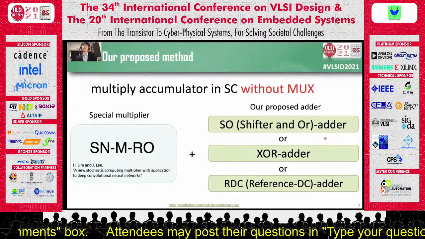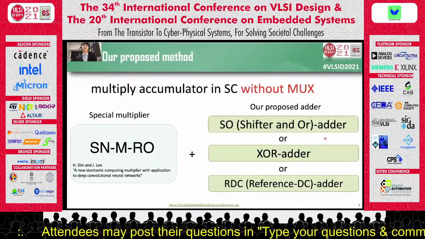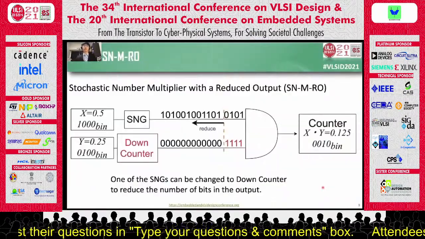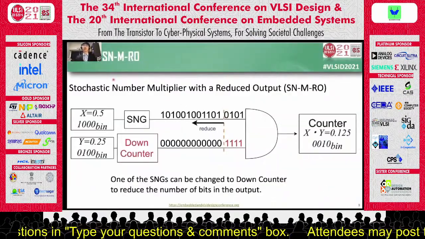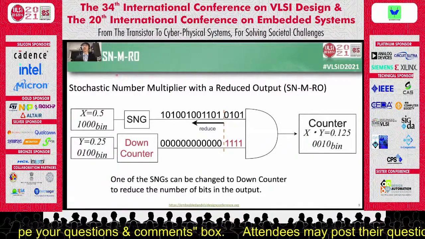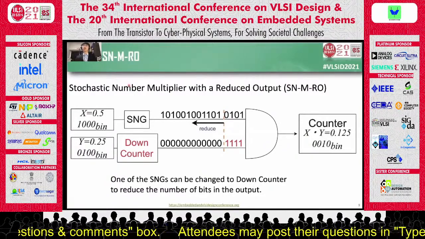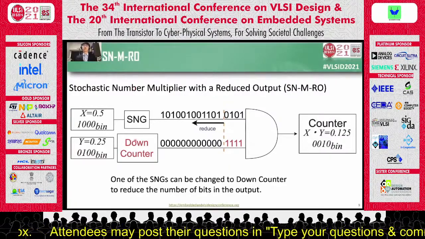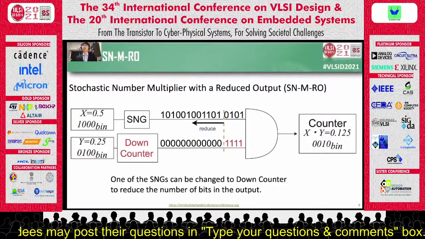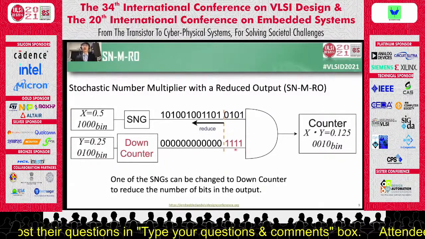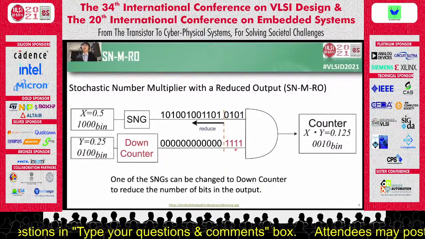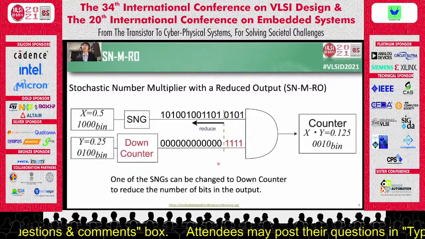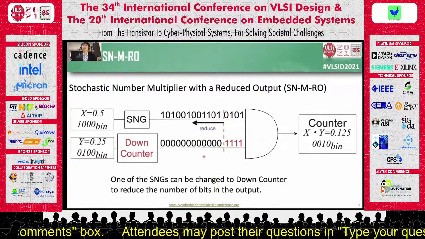Our proposed method does not use a multiplexer, so we do not need scaling. First, I would like to introduce the SNMRO, that is the special multiplier. One of the SNGs is changed into a down counter to reduce the hardware cost. I'd like to point out that required bits can be moved to the right, so the output bits can be reduced.